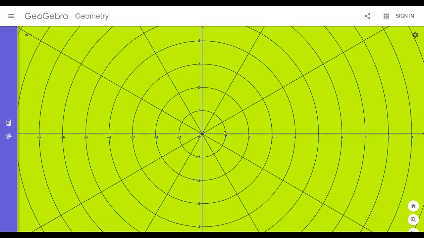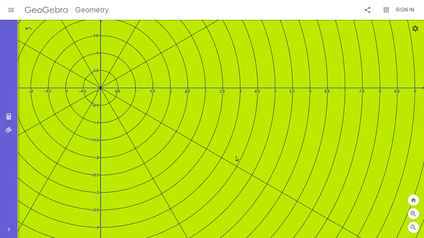We need these two things to locate a point on the polar coordinate. Okay, let me zoom in on this polar graph.